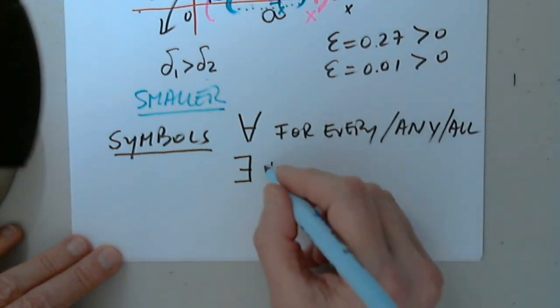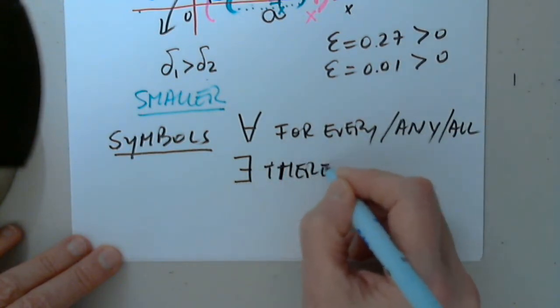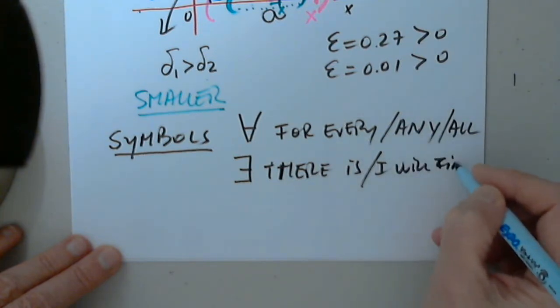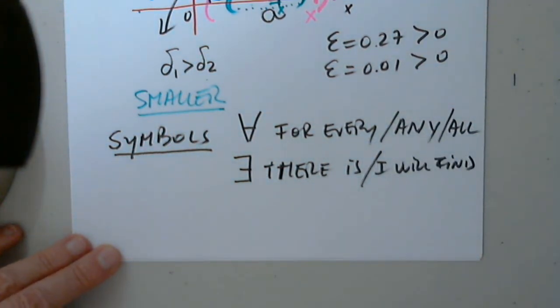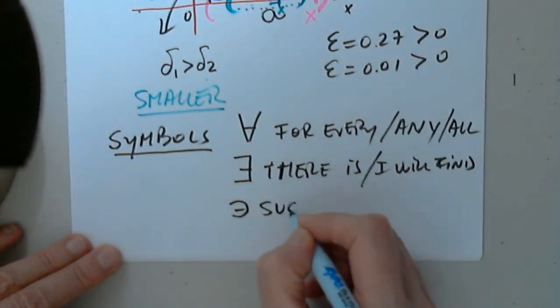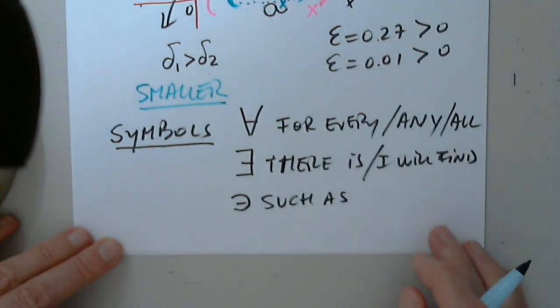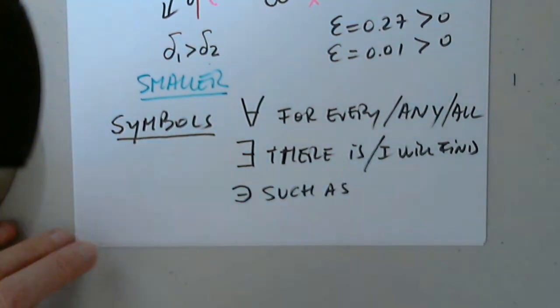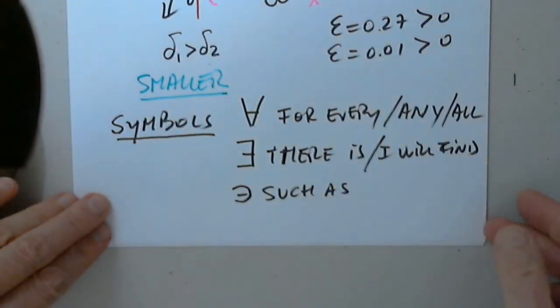There is, better, there is. I will find, if you want. This symbol stands for such as. It will just simplify everything in writing. That's all. You don't have to use them if you don't want to, but you have to write a lot.